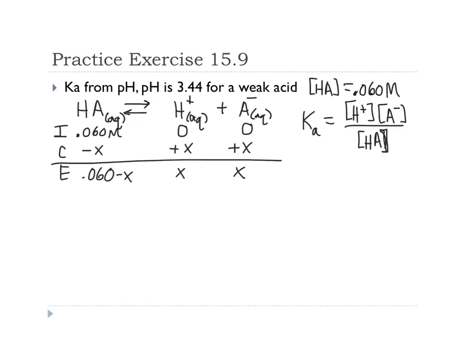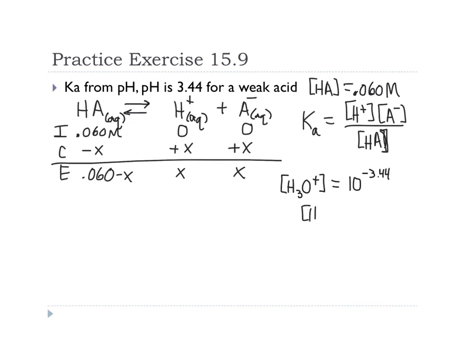But we've got one other piece of information that we haven't used yet. We've got the pH. And remember, the pH is really just a lazy man's way of saying the concentration of hydronium that's present. So we're going to use the pH to figure out the hydronium concentration. The hydronium concentration is equal to 10 to the negative pH, the antilog of the pH.